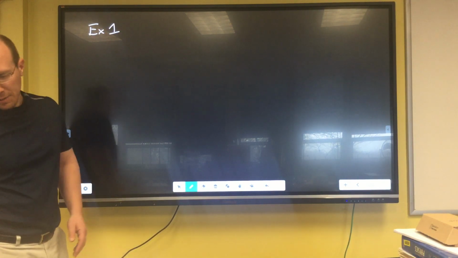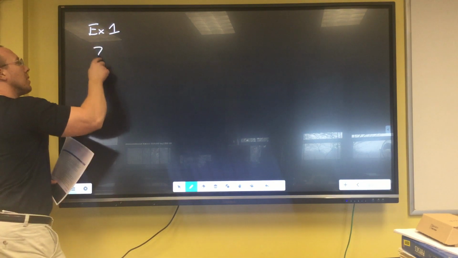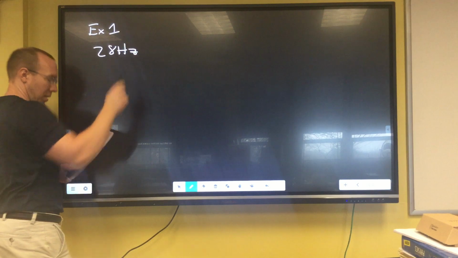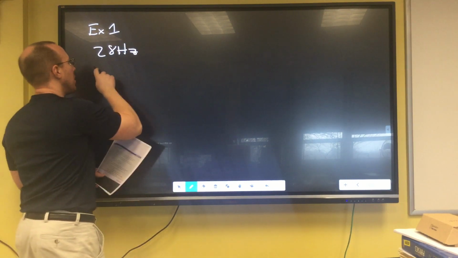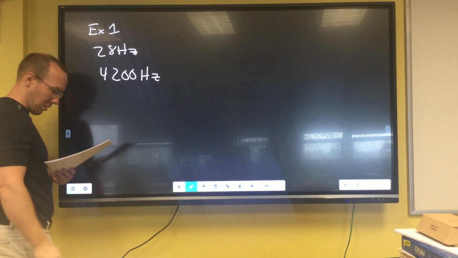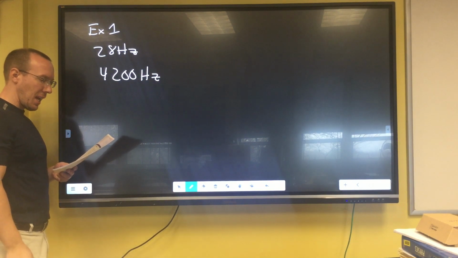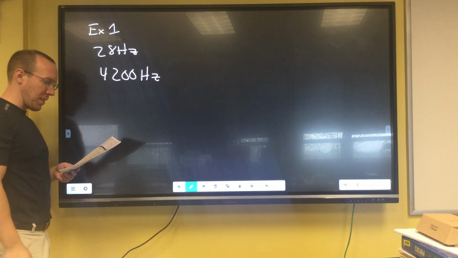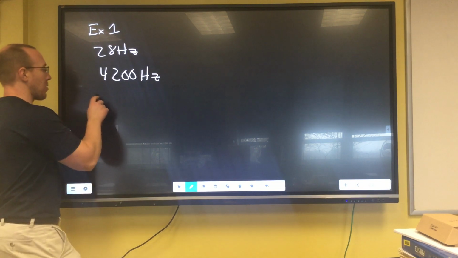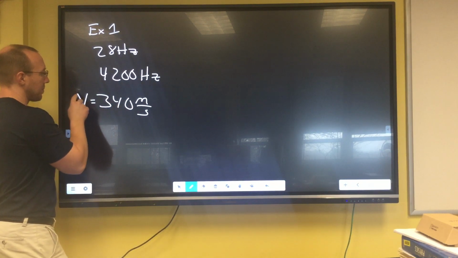It says a piano emits frequencies at a range from a low about 28 hertz to a high of about 4,200 hertz. It says find the range of wavelengths in air attained by this instrument when the speed of sound in this air is 340 meters per second.